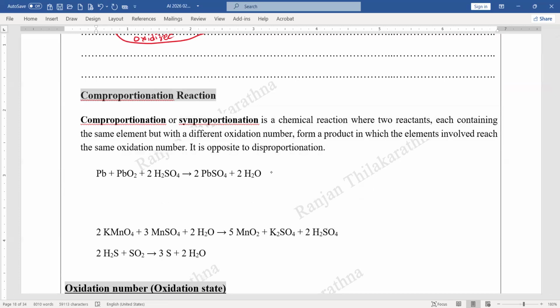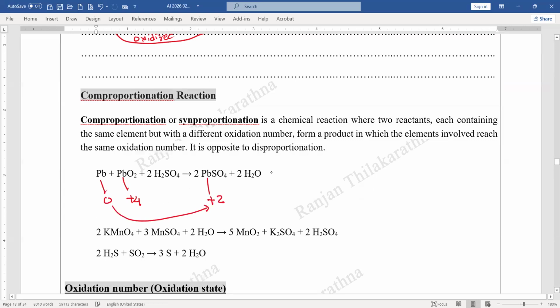In this case, you can see we have lead in two different oxidation states. Here 0, here +4. But when they react, here it becomes +2 only. So this is the oxidation and this is the reduction.